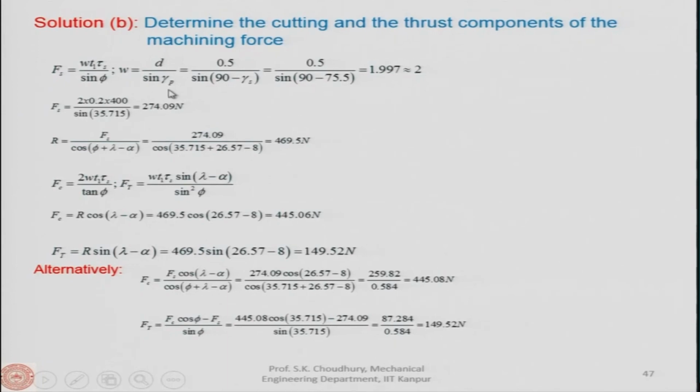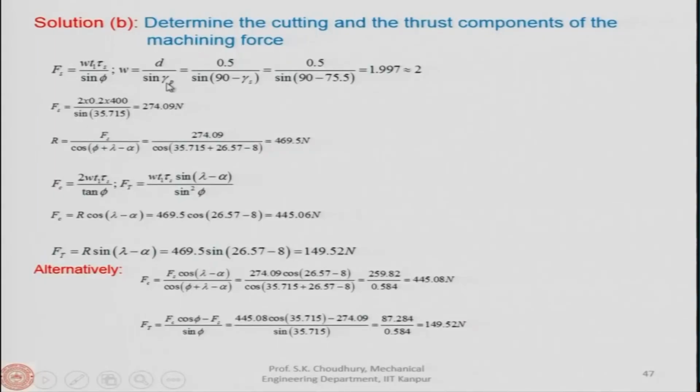This also I have shown to you in our discussion when I was telling you about the geometrical parameters of the cutting process. So, d is given 0.5, this is 90 minus gamma s, the side cutting edge angle, this is the principal cutting edge angle.